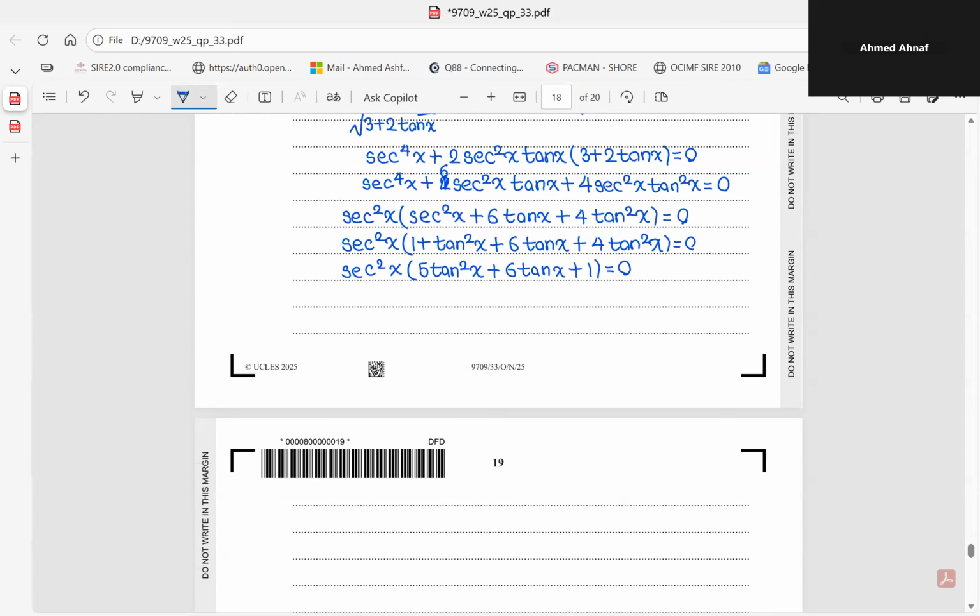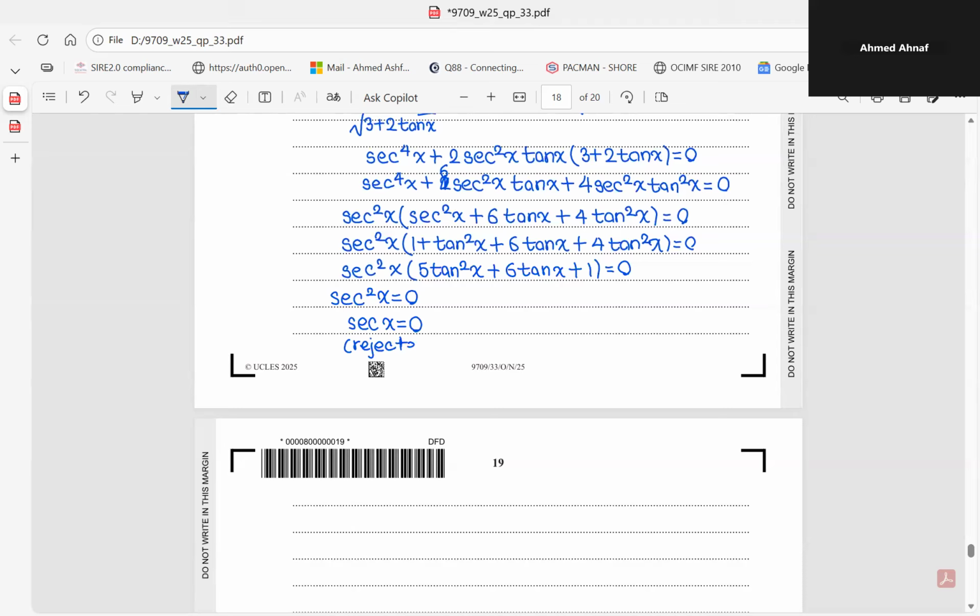Okay, now we have to equate both of our factors to 0. So secant square x equals 0, you'll get secant x equals 0. But if you put secant x as 1 over cos x equals 0, obviously there won't be any valid solution on that, so we'll have to reject this.